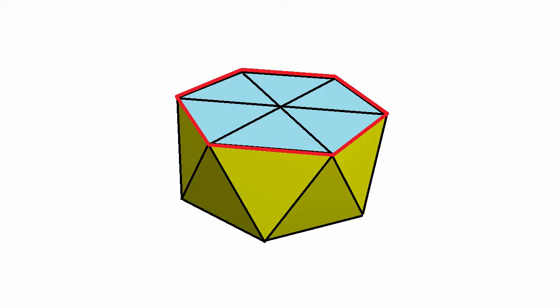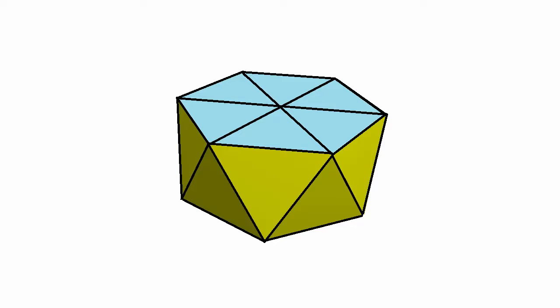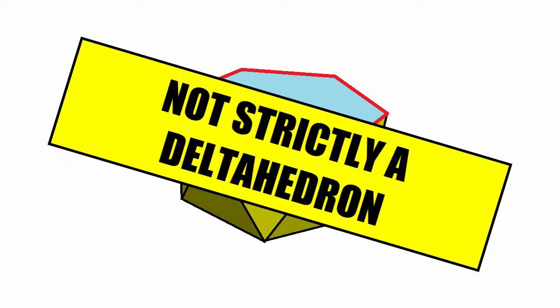And while you could think of it as 6 equilateral triangle sides, it's really more like one single hexagonal side. So if a shape is strictly a deltahedron, this won't exist. There will be no adjacent sides which are on the same plane as each other. So this shape, while it is a deltahedron, is not strictly a deltahedron.